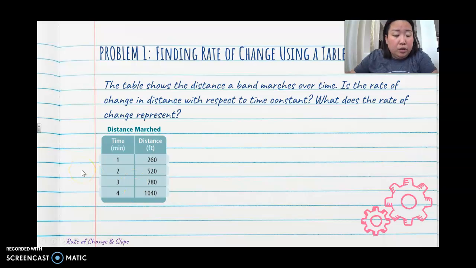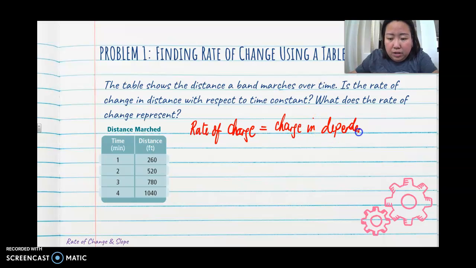Okay, so if you would remember, rate of change is the change in the y values over the change in the independent values.